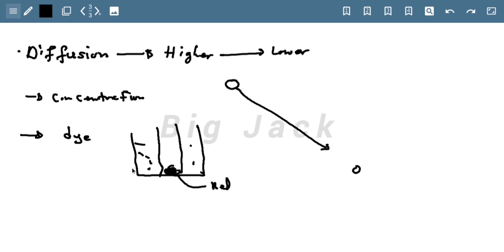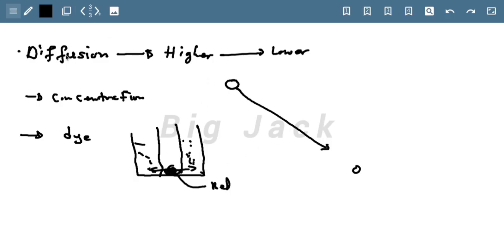You're going to find that the dye is going to spread at the bottom due to the difference in concentration gradient. It will start spreading out because this dye has a concentration compared to the solution itself. So those things you need to know.